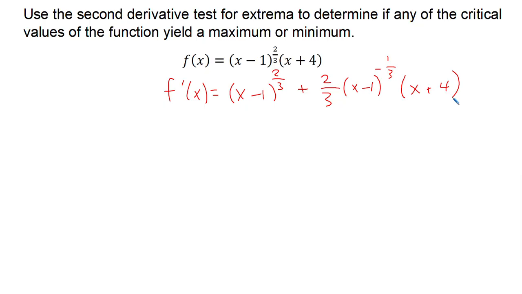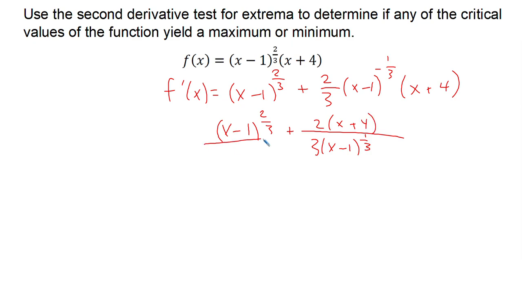And so easiest way to do that is to probably just get a common denominator here. I'm going to rewrite this as (x minus 1) to the 2/3 plus 2 over 3 times (x minus 1) to the 1/3 times the x plus 4. And we'll get a common denominator, which is going to be a 3 and an (x minus 1) to the 1/3.